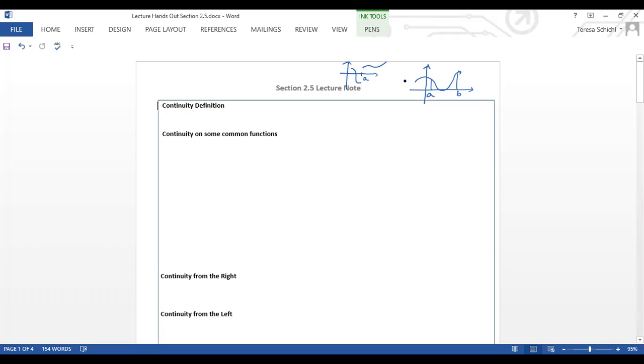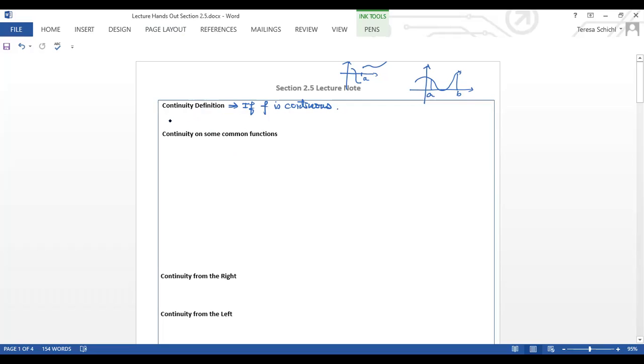From the graph it is obvious to see, but what is the definition of continuity? If we know f is continuous at a, what are the conditions?